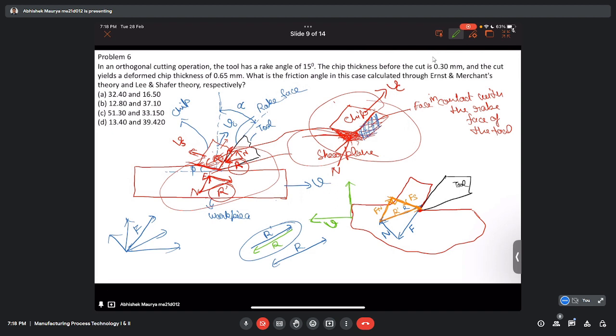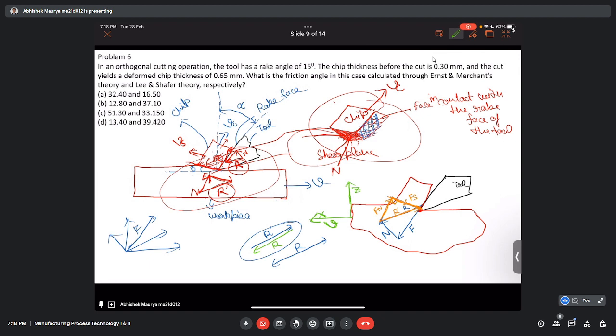This is perpendicular to the cutting direction, so I should denote it by Z. If this is X, then this is Z. So we can also resolve this resultant force R along X and Z, that is, along the cutting direction and the direction perpendicular to the cutting direction.